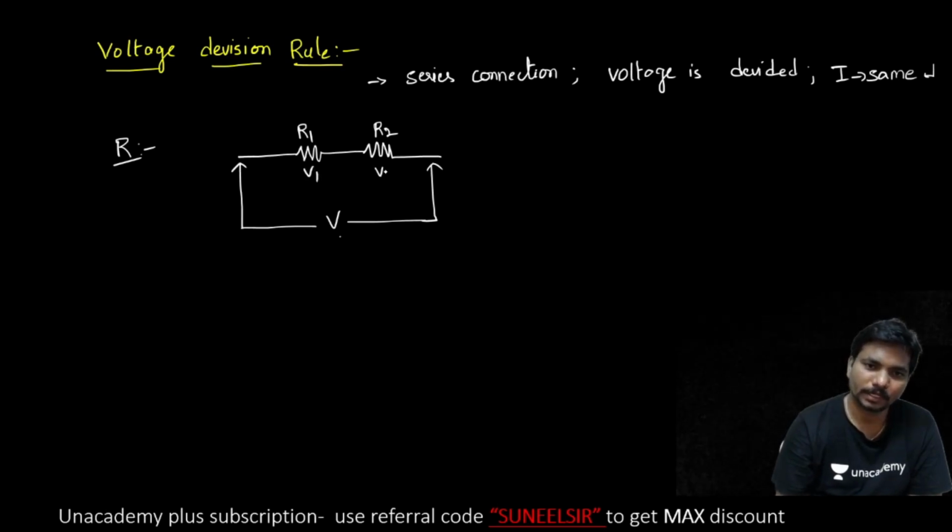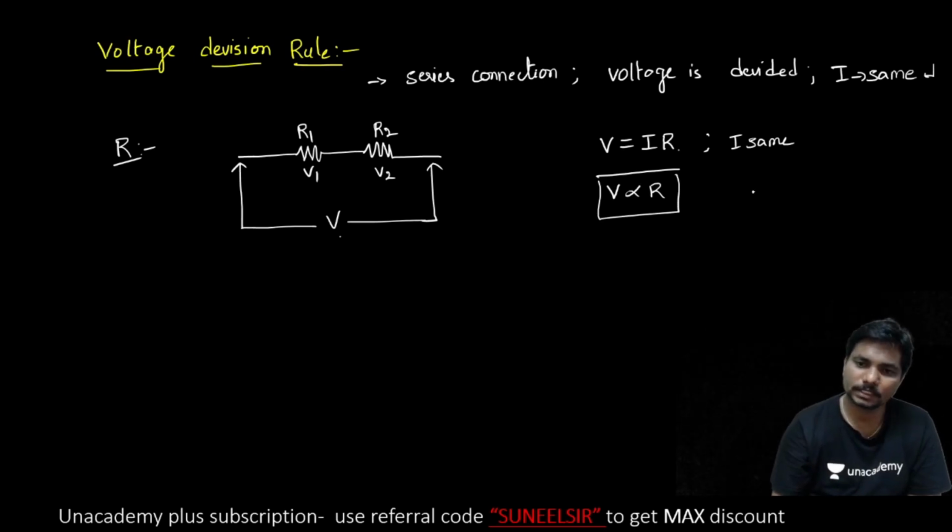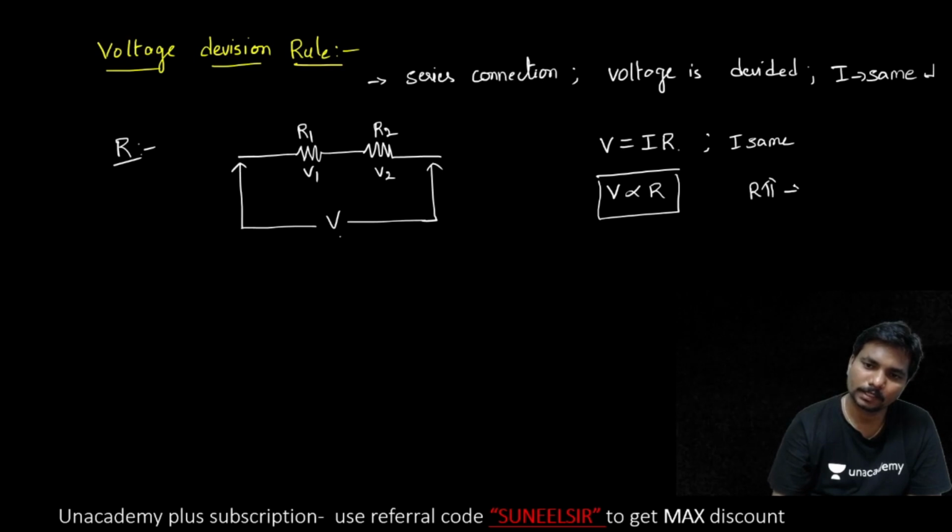Here V1, here V2. As per Ohm's law, V is equal to I into R. In the series connection, I is the same. That means as I is the same, V is proportional to R. That means the voltage across the resistor depends upon the resistance value. Higher the resistance, higher the voltage drop.